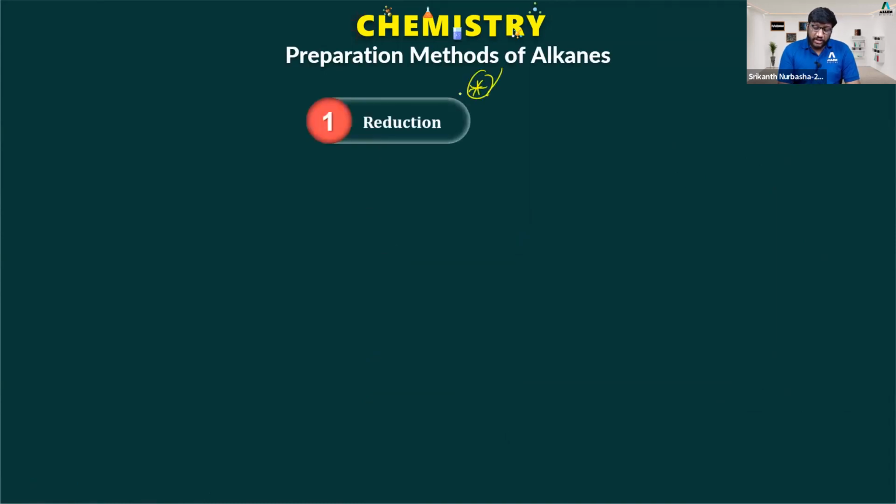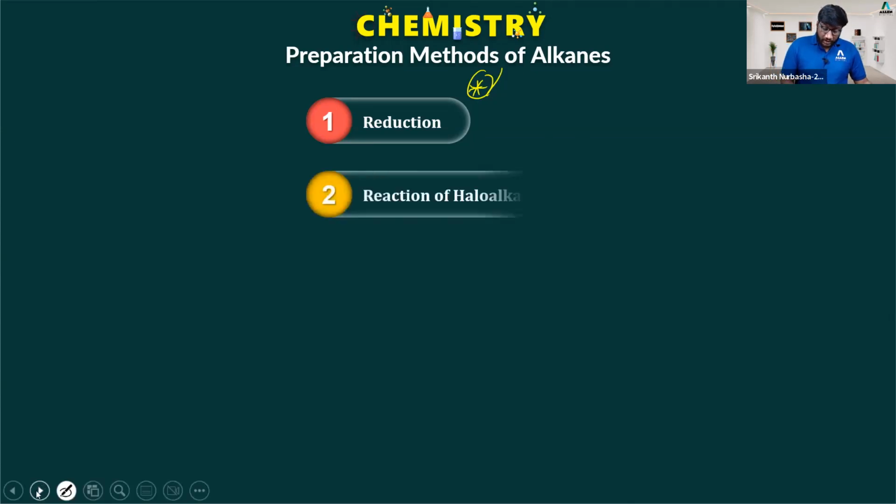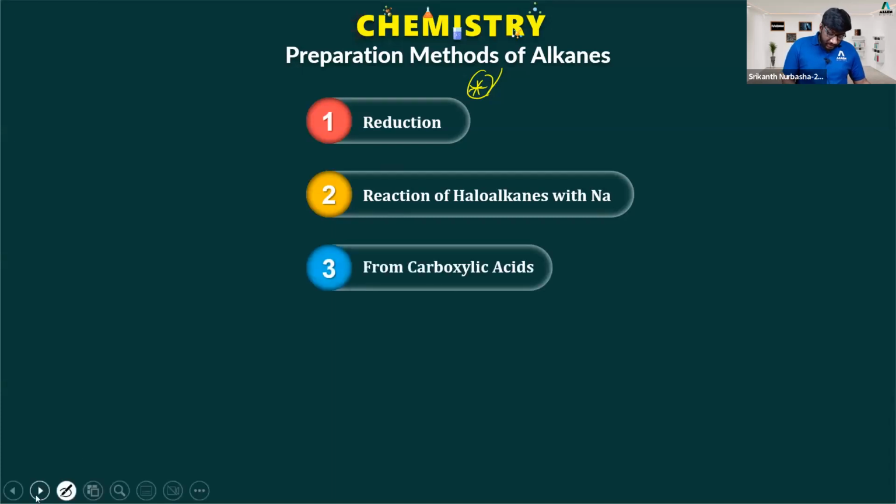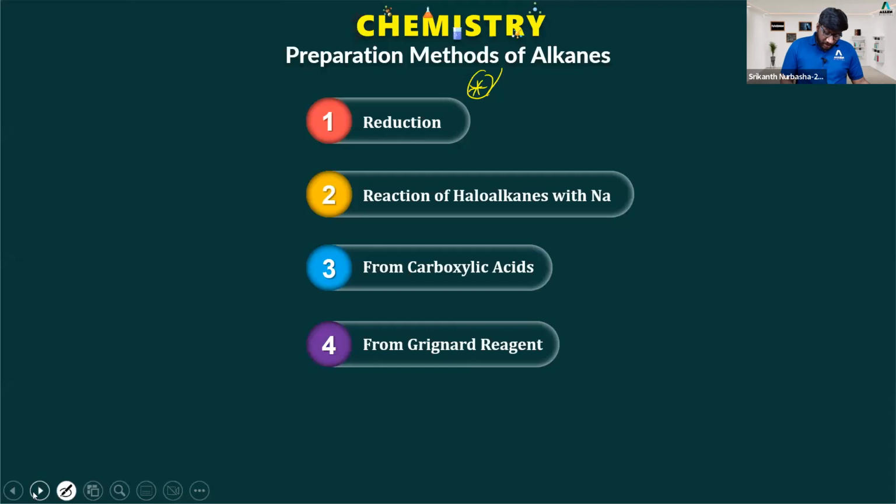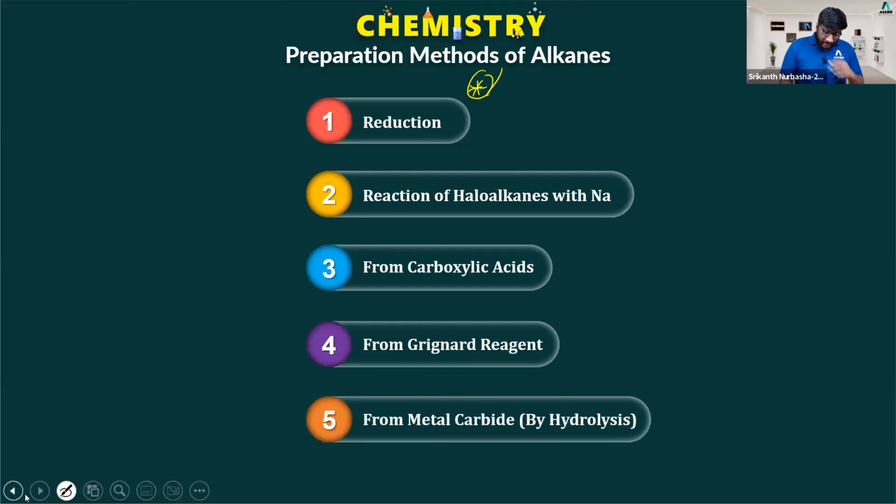Preparation method, the first method is reduction. First, what type of reduction can you take into account? From alkene, reduction; reaction of haloalkanes with sodium; from carboxylic acids; from Grignard reagents; from metal carbides by hydrolysis.